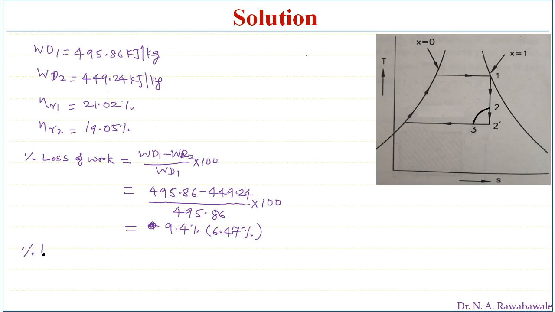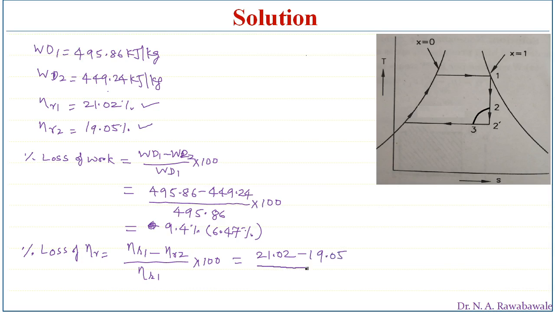Then the percentage loss of Rankine efficiency: Rankine efficiency 1 minus Rankine efficiency 2, whole divided by Rankine efficiency 1, that is 21.02 minus 19.05, whole divided by 21.02, into 100, which is 9.37.